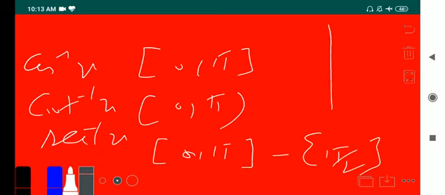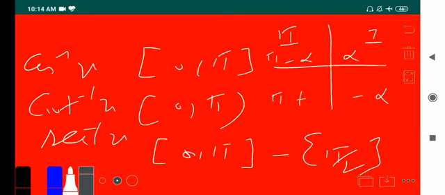And here 0 to pi means the value of x lies in first quadrant and second quadrant, and first quadrant angle is alpha, second quadrant angle is pi minus alpha, fourth quadrant angle is minus alpha, and third quadrant angle is pi plus alpha.